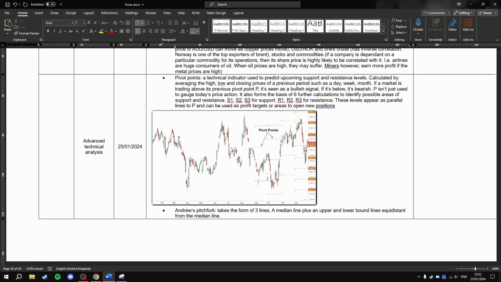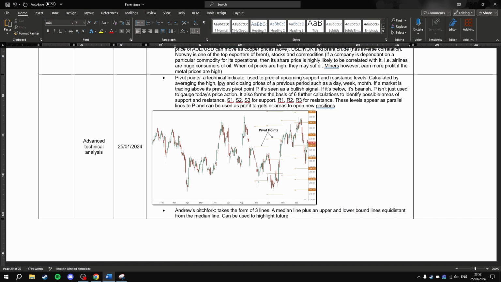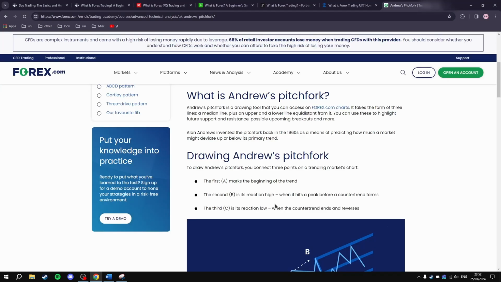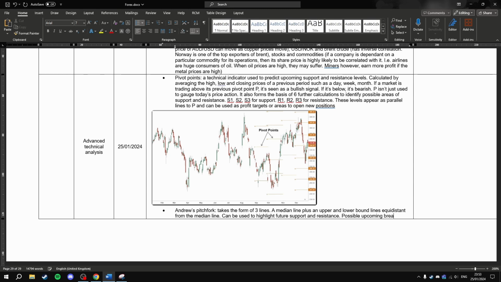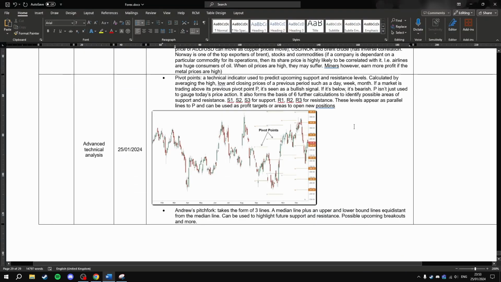It can be used as a means of predicting how much a market might deviate up or below its primary trend.